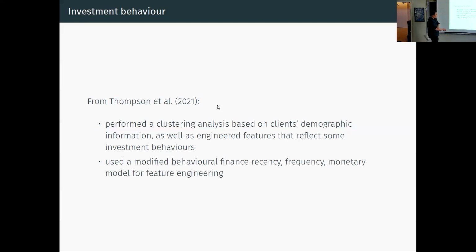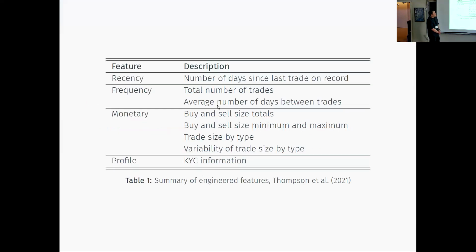This is a previous work on a smaller data set. They use a modified behavioral finance recency frequency monetary model for feature engineering. And the features they use are first demographic information. They also have information on how frequent the investors trade and by what amount they trade.